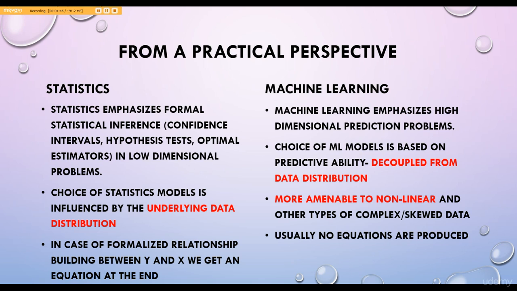So in case you have to report an equation or something, then machine learning is not what you should go for, because in machine learning our entire emphasis is to build the best possible models on a set of data and then see how good they are on another set of unseen data.